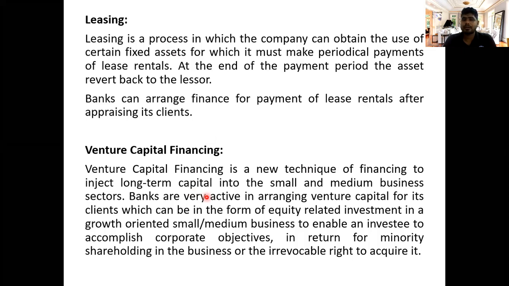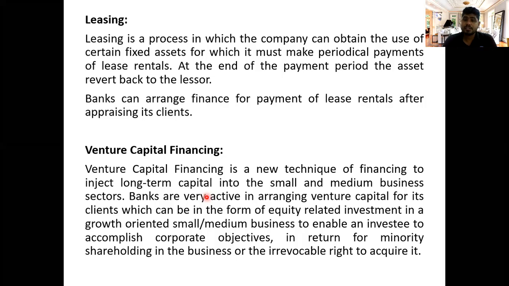At that time they can go to the bank, requesting it to act as a venture capitalist, not in the form of a loan, but in the form of owners, right? Venture capitalists are financing not for interest, but they are demanding a higher portion of profit.